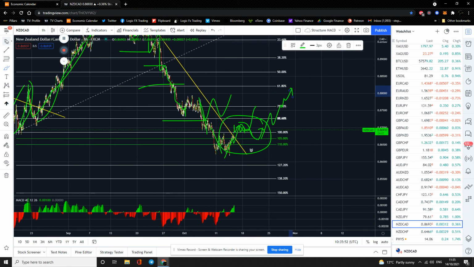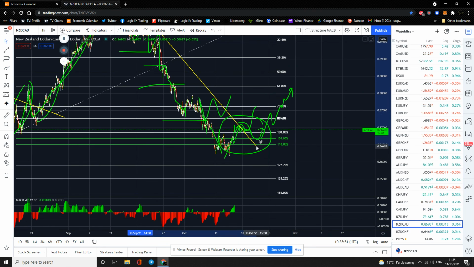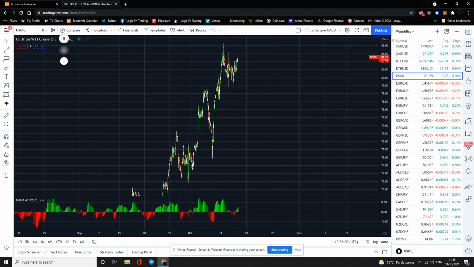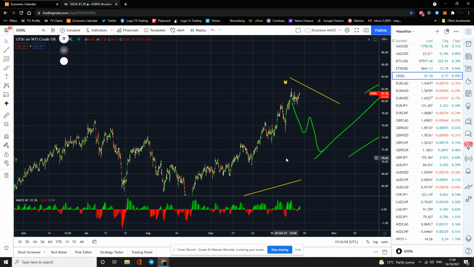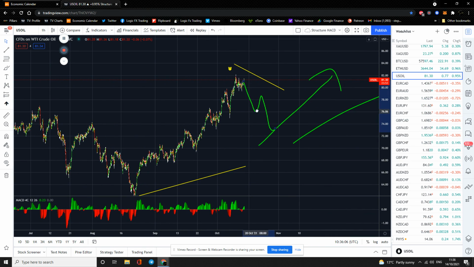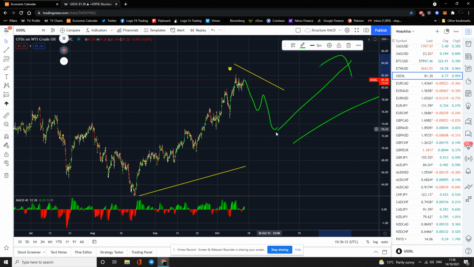But yet again, the only reason I would say that would happen would be if the oil price started to come off, guys, and there's no sign of that yet. Let's go and look at oil. Oil's just going up and up and up, guys. So unless OPEC does something. Now, yet again, we're not saying it's going to do that. We're just saying that if it were to do that, then we would look for a trade long.